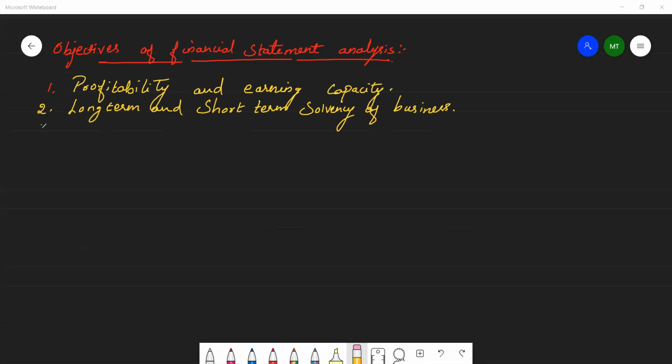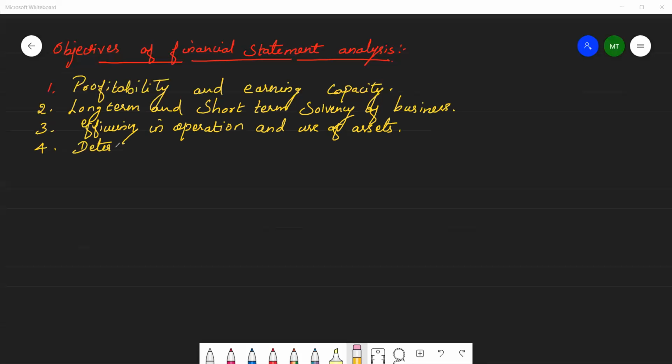The third one is to determine the efficiency in operation and use of assets. The fourth one is to determine the efficiency of the management and employees.